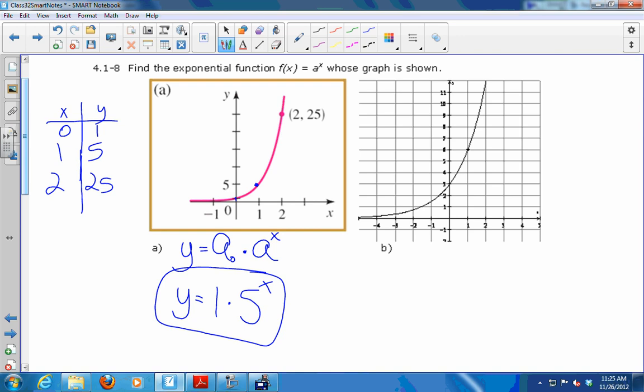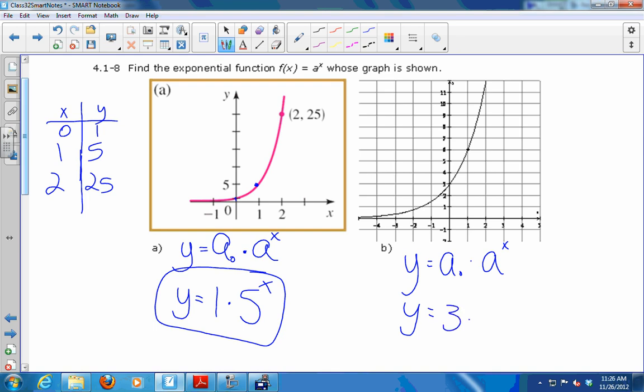So let's look at the next one. What's my A0? What's my initial population or my y-intercept? In the second graph here, the y-intercept is 3. Well, it's on your paper too, if you can't see it. It's 3.